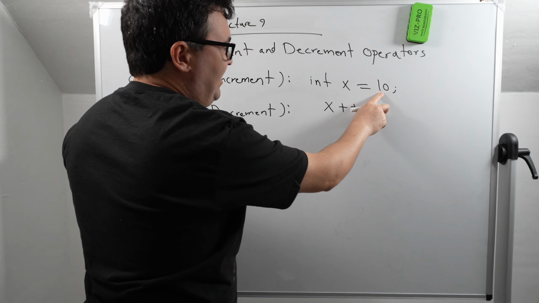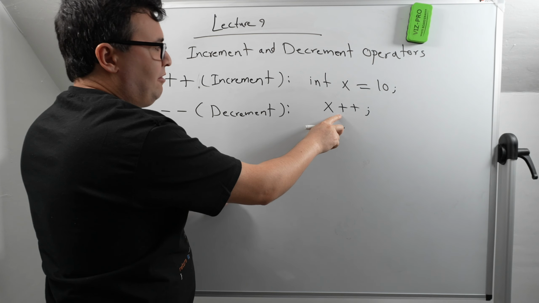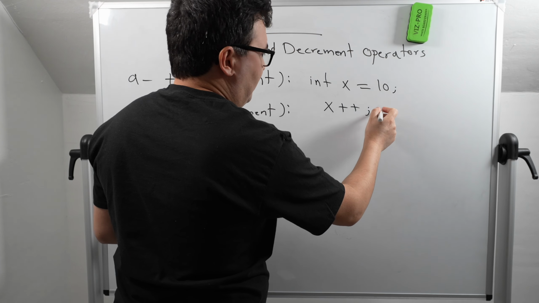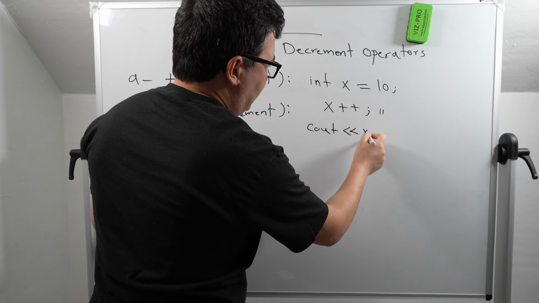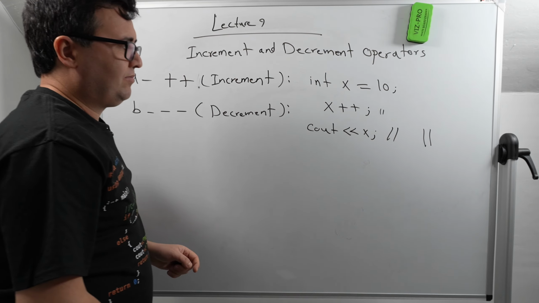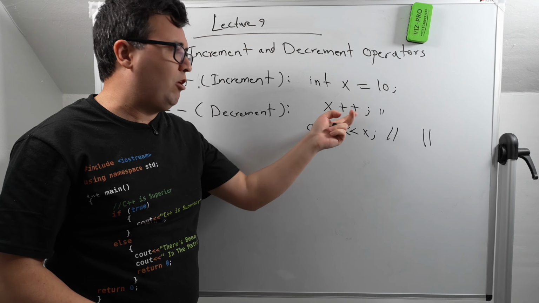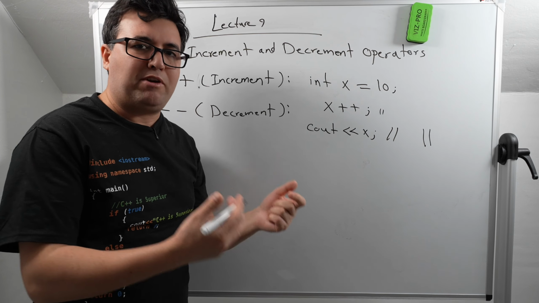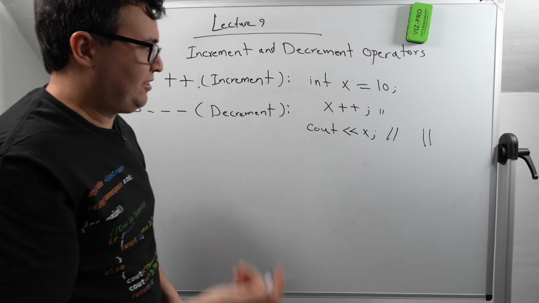So now it's 10, and when the compiler or CPU executes this line, the value of the variable x becomes 11. If we cout x, the output will be 11, because the plus plus operator increases the value of our operand by 1. We have only one operand here, which is x.